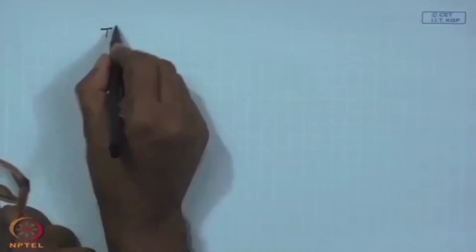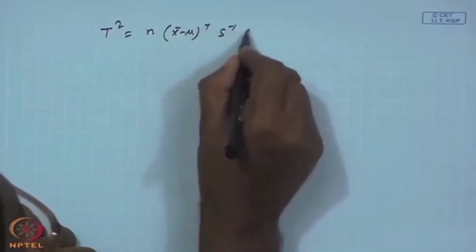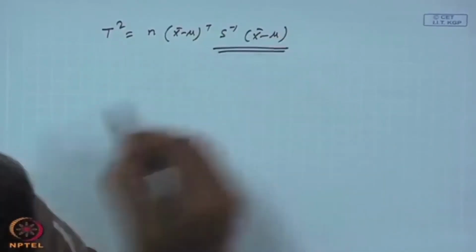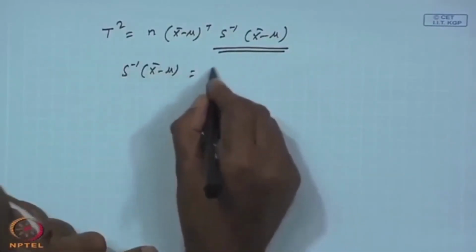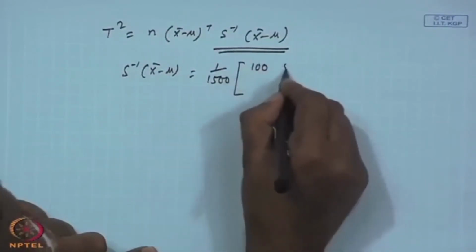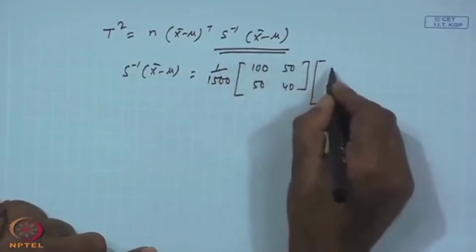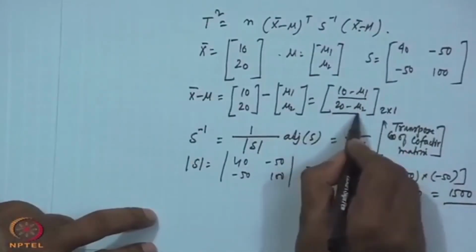Once you know S inverse, you want to compute S inverse (x bar minus mu). This is nothing but 1 by 1500 into [100, 50; 50, 40], and your x bar minus mu is (10 minus mu 1, 20 minus mu 2).